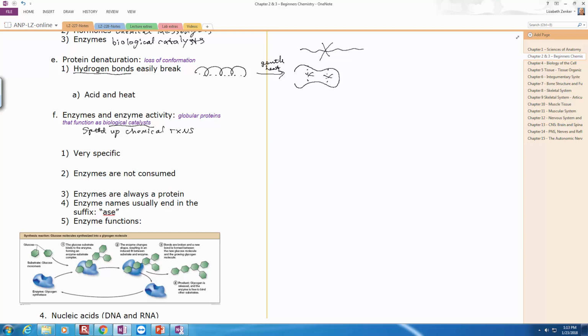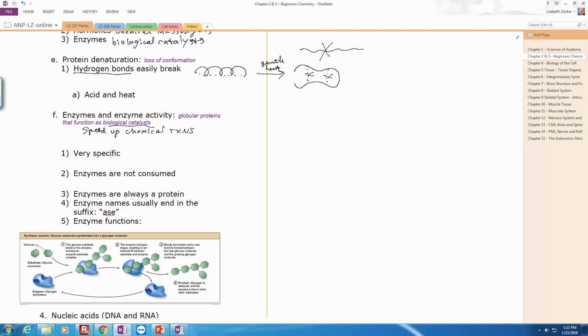So it speeds up a reaction. It could happen in 12 days, but I could speed it up with the use of enzymes. So I have this protein structure that can do it faster for me. It basically just speeds up a reaction that would have occurred anyway. It's just going to take a lot longer without enzymes.